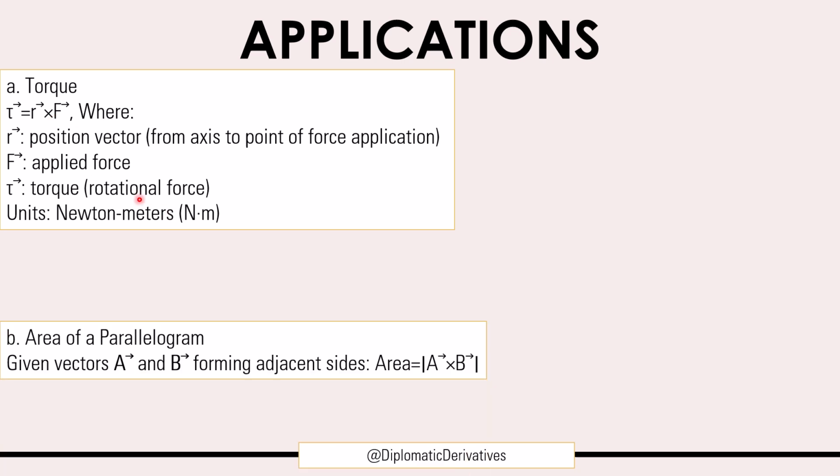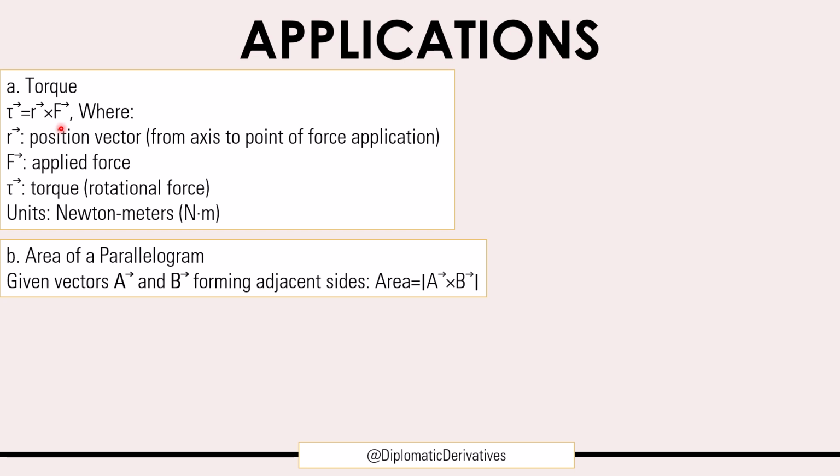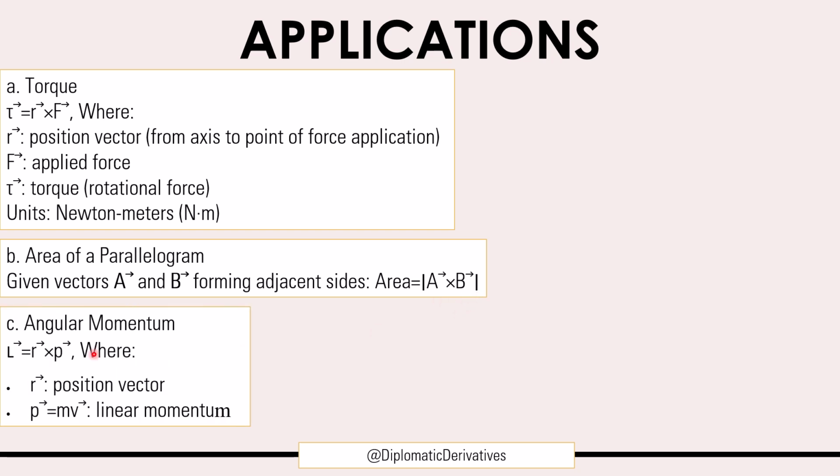This is where you use a cross product, because we're multiplying two vectors and the answer is also a vector. Then for the area of a parallelogram, as we saw in the previous slide, if you have two vectors A and B forming adjacent sides, meaning the origin is the same, the area is the magnitude of A cross B. Then we have angular momentum.